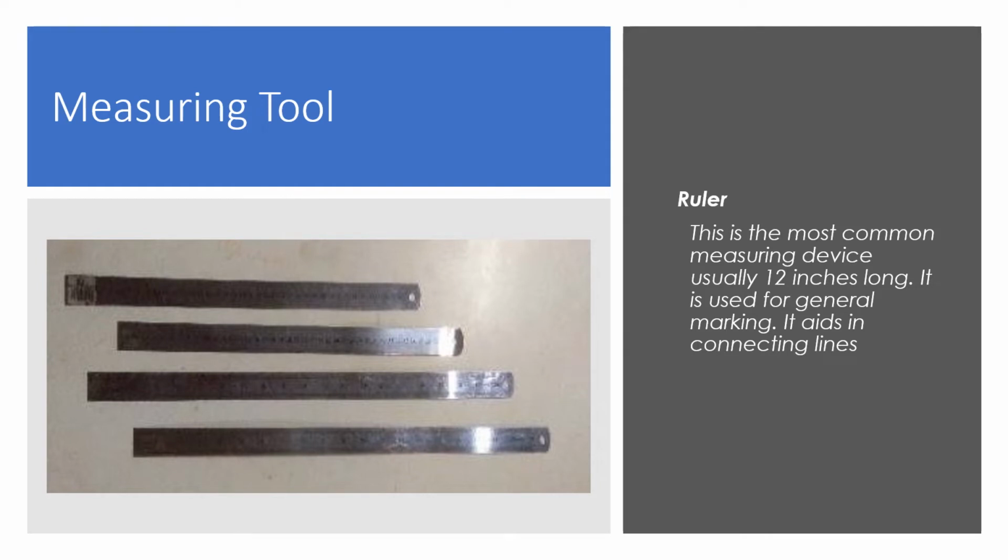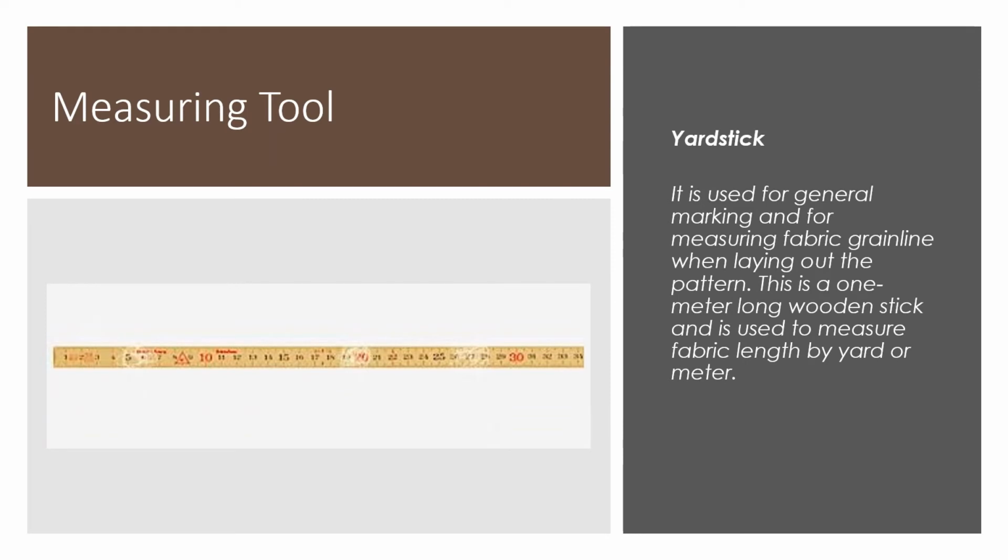Number 3, measuring tool is a ruler. This is the most common measuring device, usually 12 inches long. It is used for general marking. It aids in correcting lines. Next, we have yardstick.